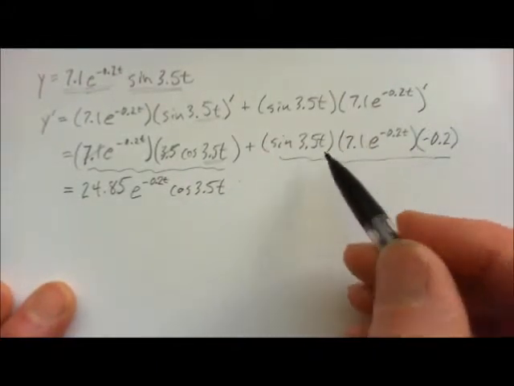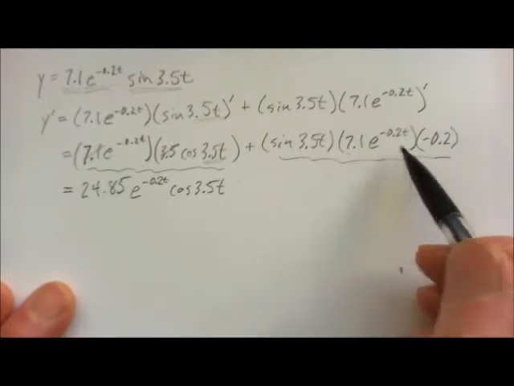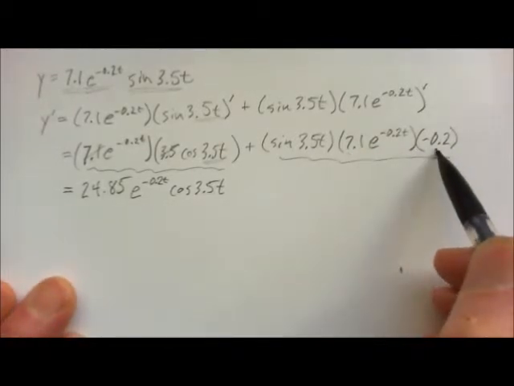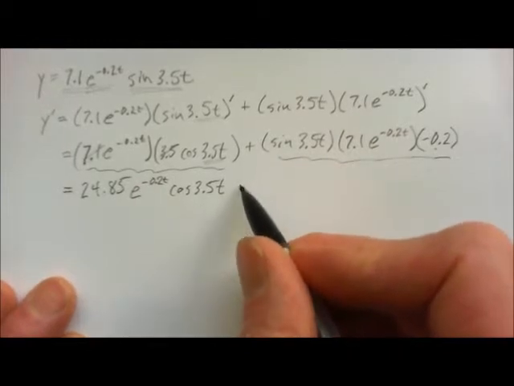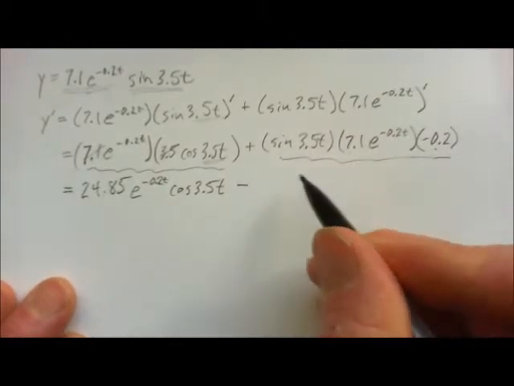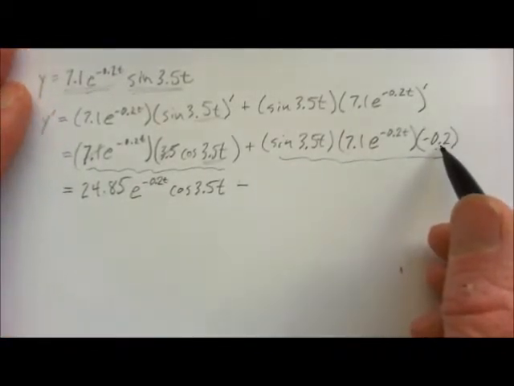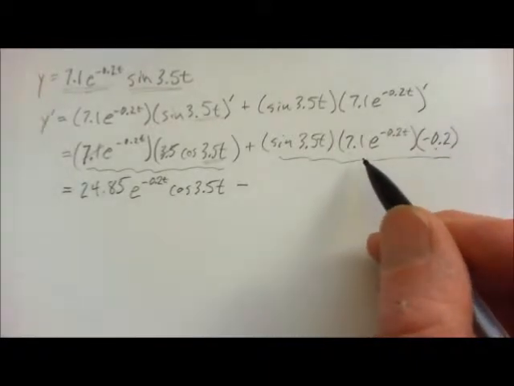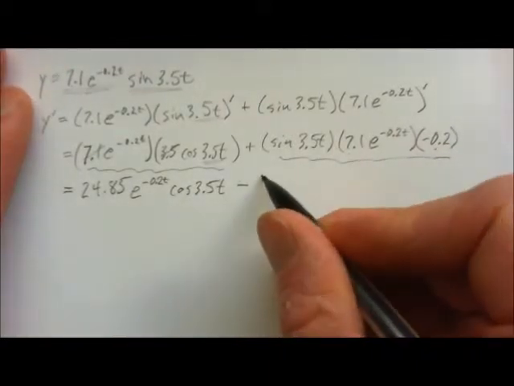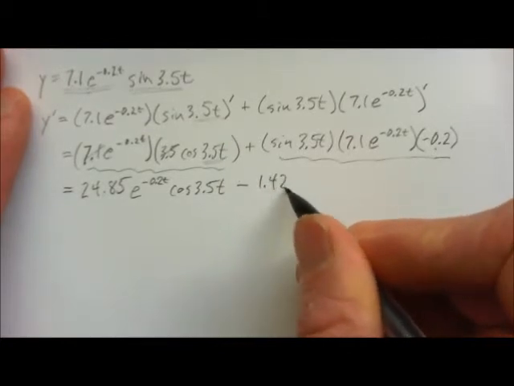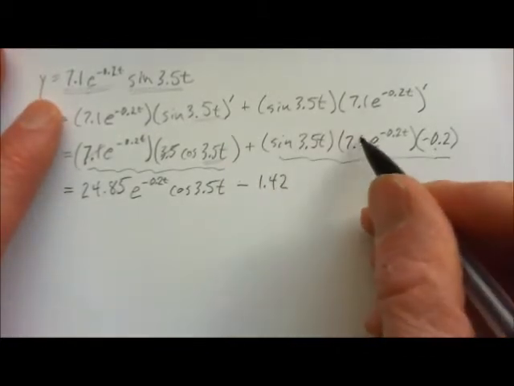Going over to this part, we're going to end up multiplying this 7.1 times the negative 0.2. So we're going to get a negative constant. So this becomes a minus sign. 0.2 times 7.1 is 1.42. And so that takes care of these two.